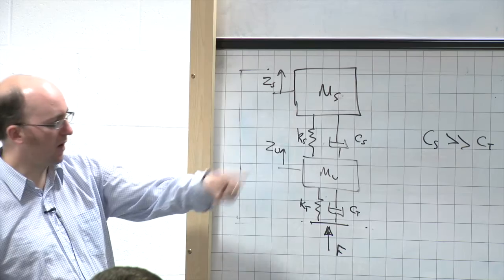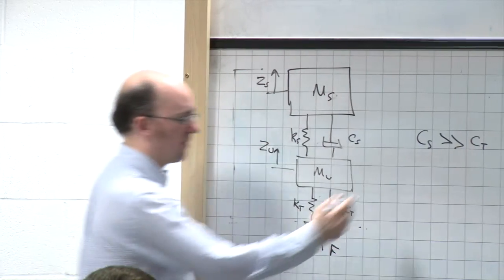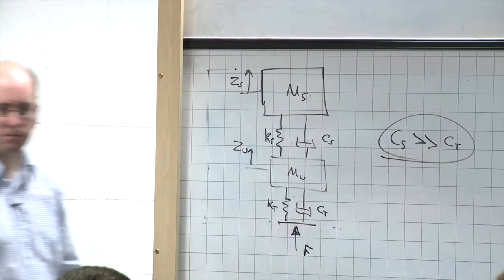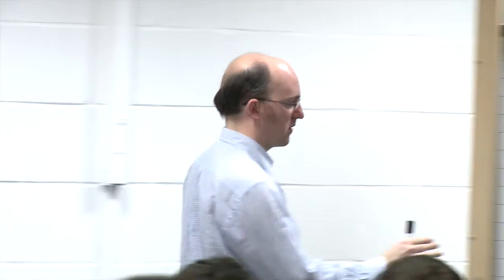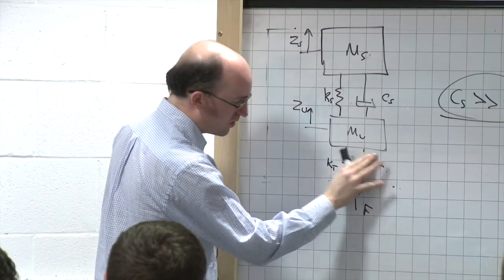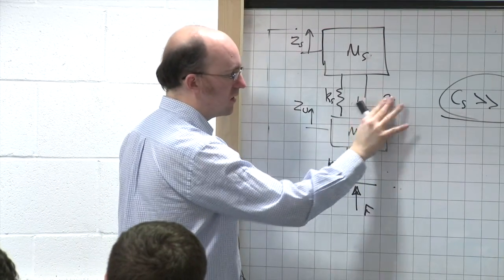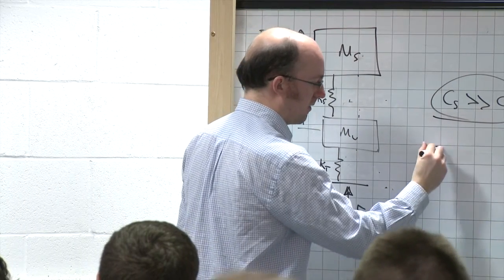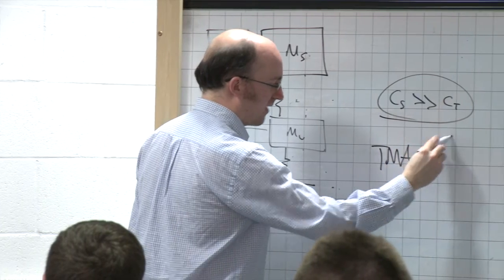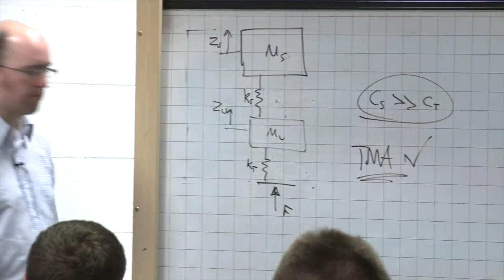You can't apply this process to this problem because of this situation. Okay. Damping will not be linearly proportional. But, like I said, for other 2 degrees of freedom systems, especially ones where there's no damping, then you can use theoretical modal analysis, okay?